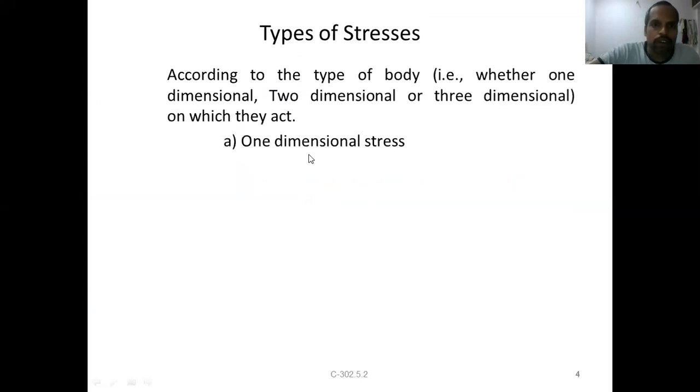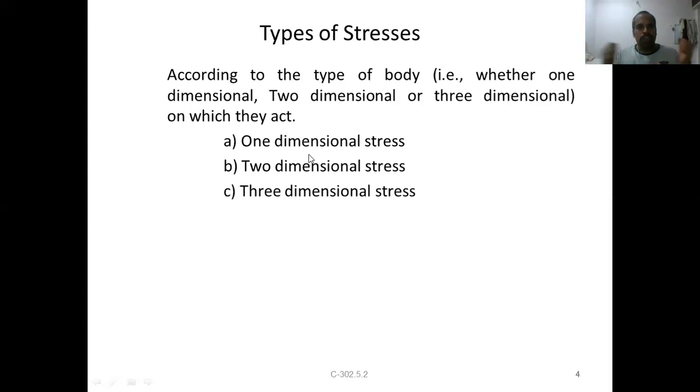One dimensional means the body is subjected to stress along only one direction. Two dimensional means stress is acting from two directions. If it is subjected to stresses in all three dimensions, then it is three dimensional.